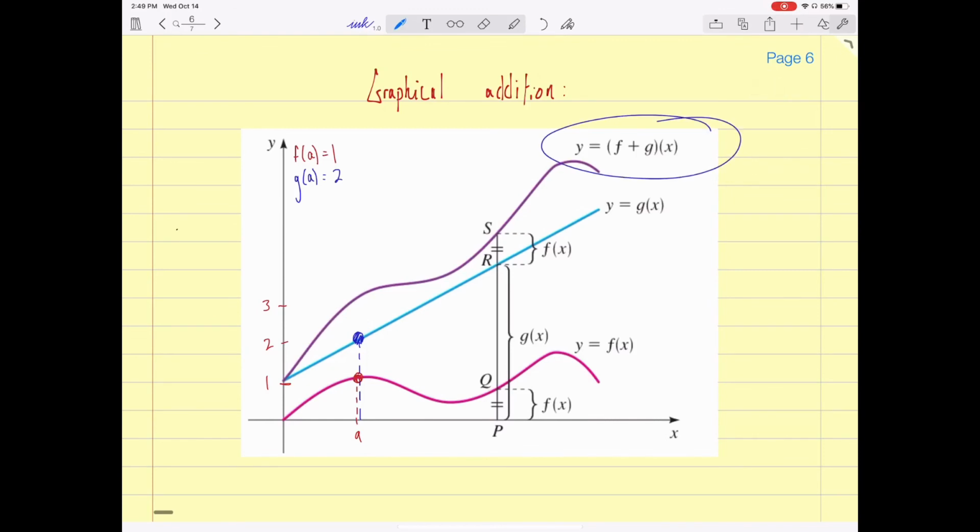Well, then that means that this value on the purple line should be 1 plus 2. So if we add the distances of f of A and g of A, we get 3. So we go up to this line, should be around 3 based on the scale I drew. So 1 plus 2 is 3, and that would be an example of graphical addition. So all we're doing is adding the y coordinates to each other of each function.